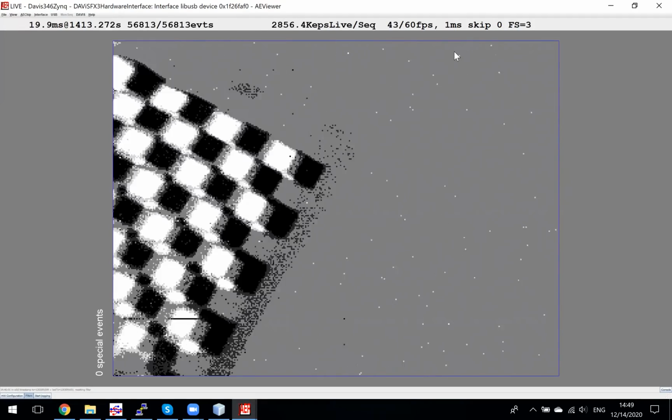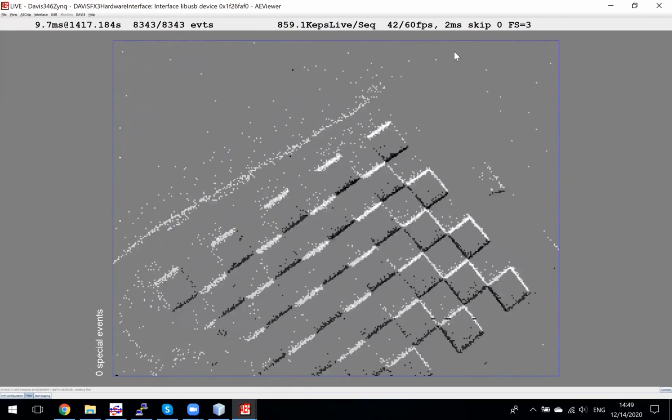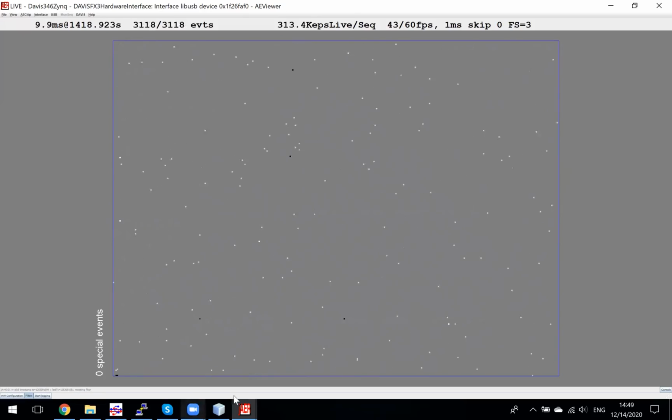Let me show you this one. So this is a checkerboard. Now the optic flow is disabled. Let me just enable it.